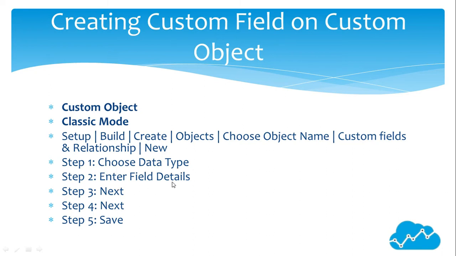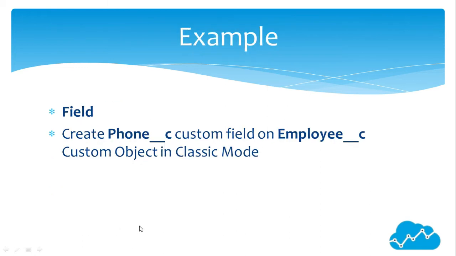Step 2, enter field details. Step 3, next. Step 4, next. Step 5, save. Example, create phone underscore underscore C custom field on employee underscore underscore C custom object in classic mode.